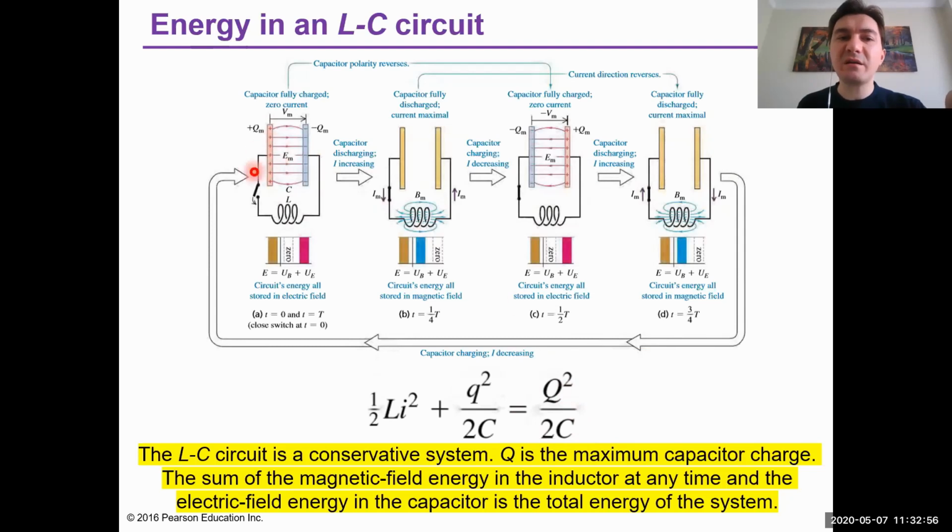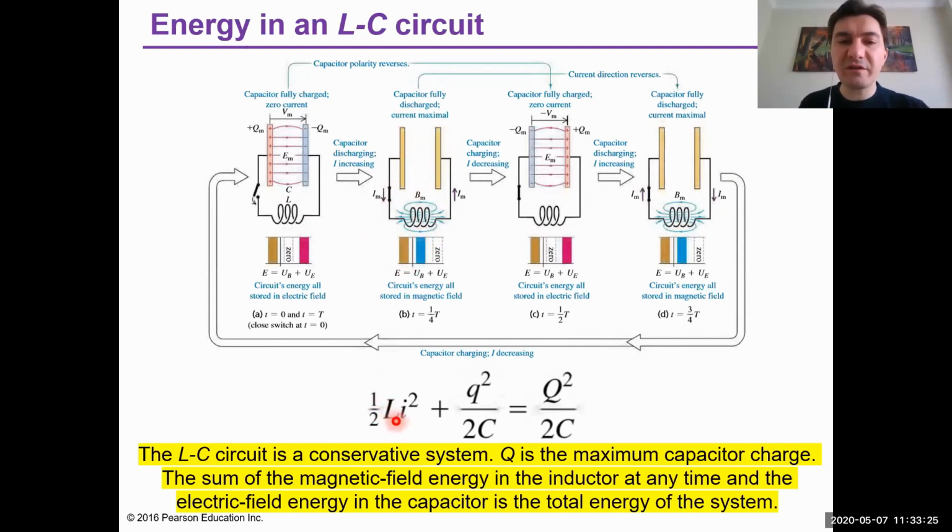At the beginning, there is no connection between capacitor and inductor. So we fully charge the capacitor by using an EMF, and the energy of the capacitor is given by that expression. But here, for certain time, when we close the switch here, some part of this total energy is shared by the capacitor and inductor, okay?